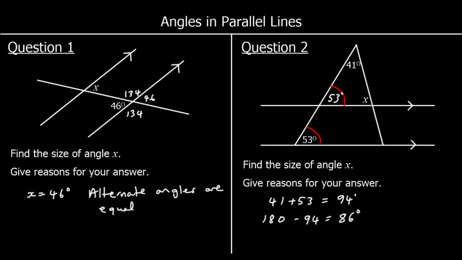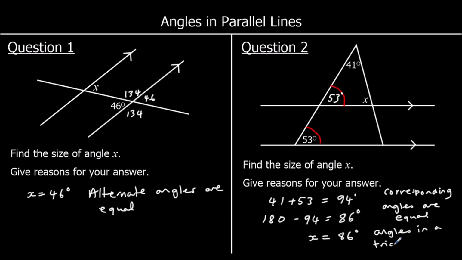So x is equal to 86 degrees. And the reasons are because corresponding angles are equal and angles in a triangle add up to 180 degrees.